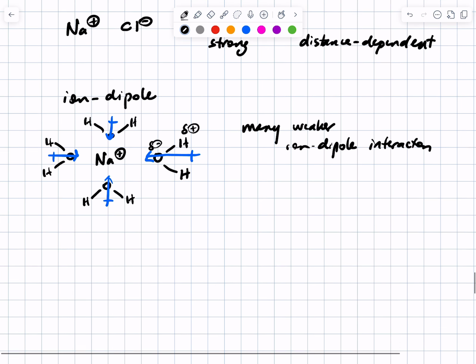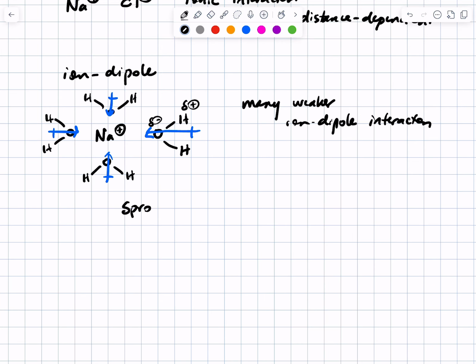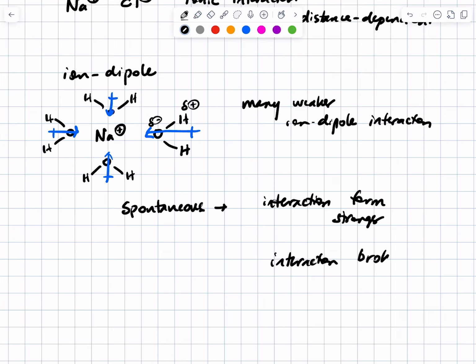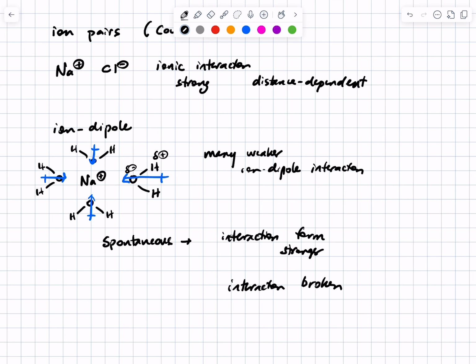You're going to see in organic chemistry that processes that are spontaneous are processes where the interactions that you form are stronger than the interactions that you break. So salt dissolving breaks an ion pair interaction, but it generates many more ion dipole interactions, which overall pay for the lost interactions that you lose.